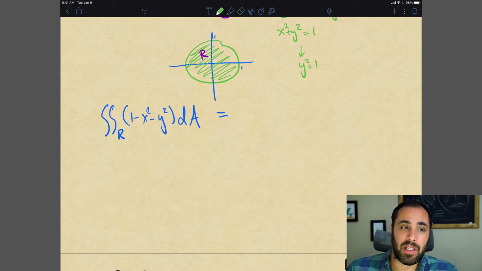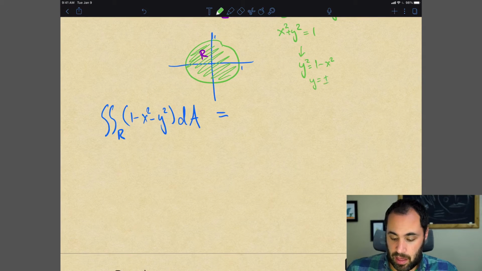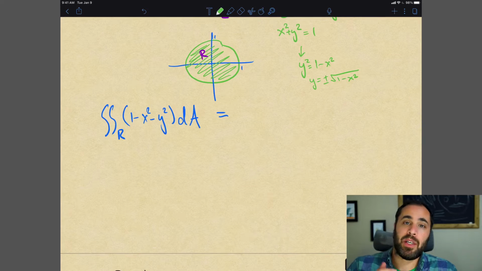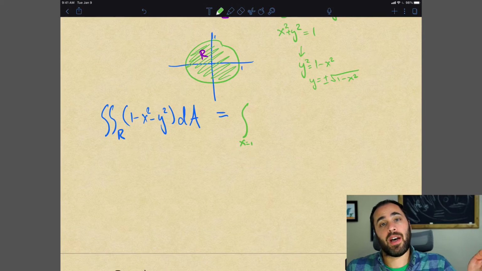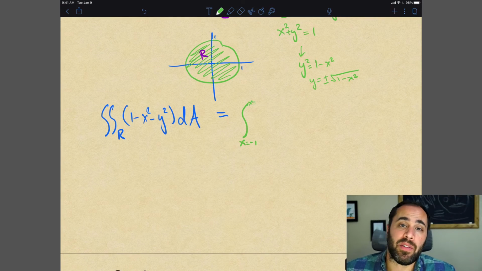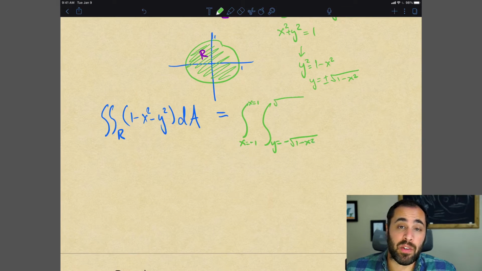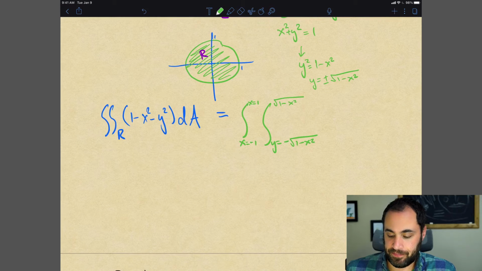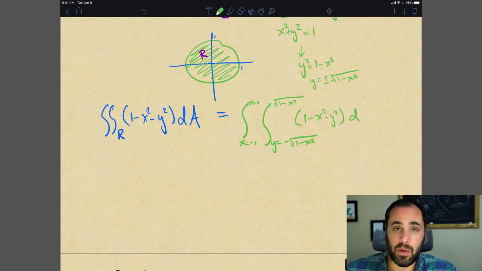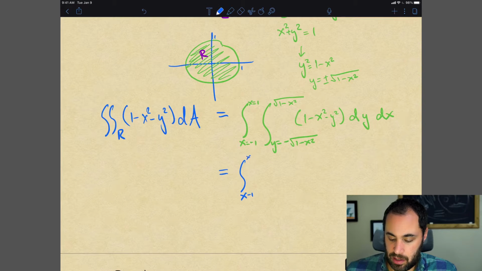But if we were slicing it vertically, then for each vertical strip, the bottom will take place on the lower hemisphere of the circle, the top on the upper hemisphere. We can write those in terms of y just as the positive and negative square roots of 1 minus x squared. So we'll put the paraboloid function in as the integrand. Not so bad so far.